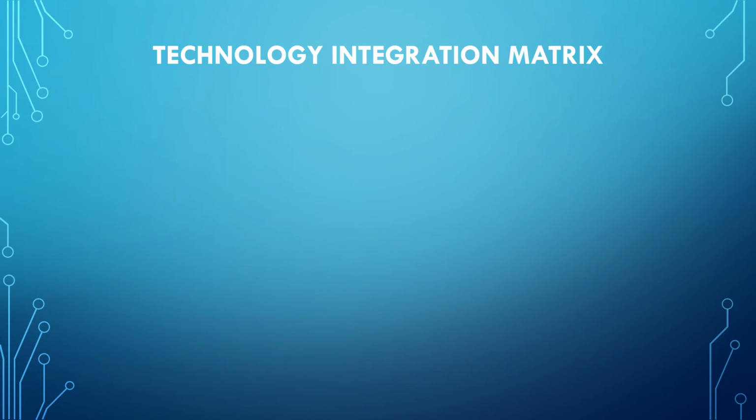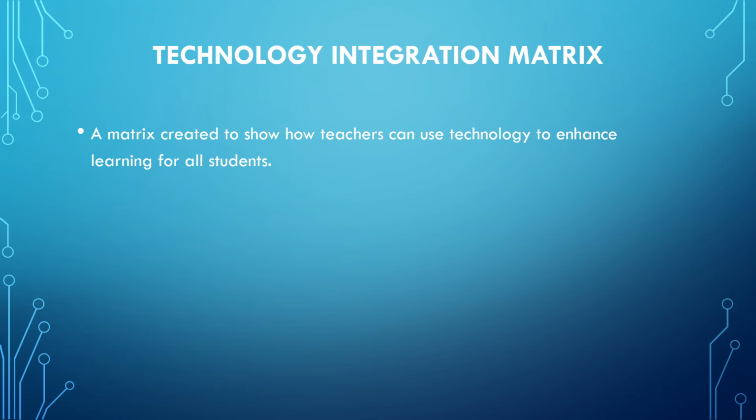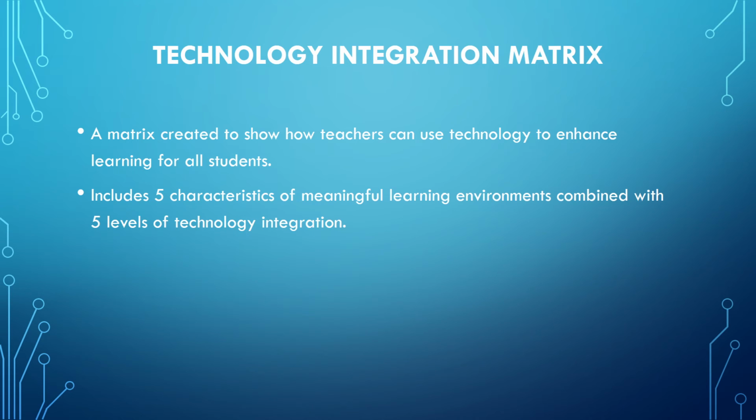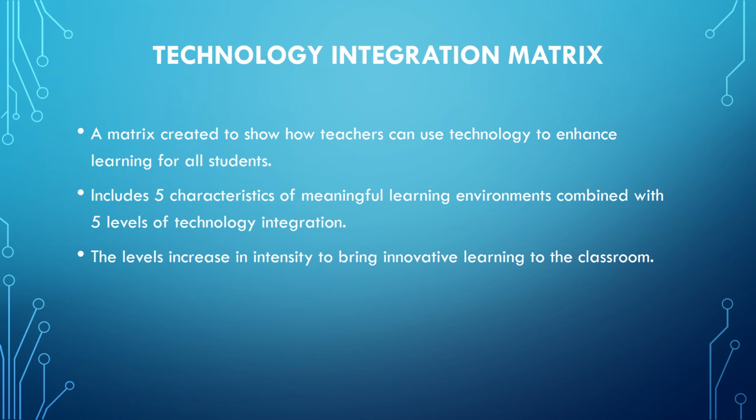This comprehensive matrix has been created to show how teachers can use technology to enhance learning for all students. It includes 5 characteristics of meaningful learning environments combined with 5 levels of technology integration. Each of the levels increase in intensity to bring innovative learning to the classroom.